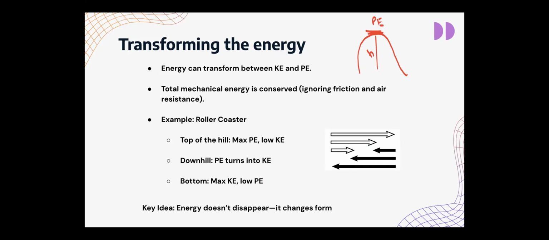Because kinetic energy is the energy of motion, but it's not moving much up there. It's just sitting, which has a lot of potential energy. As soon as it turns that corner, it's kind of like an inverse graph, correct? Then the kinetic energy starts to increase and the potential energy starts to decrease. Near the bottom is where the kinetic energy is the max, and there's the lowest potential energy. So I just wanted to make the point that mechanical energy is usually conserved and doesn't just disappear. It just changes form, right?